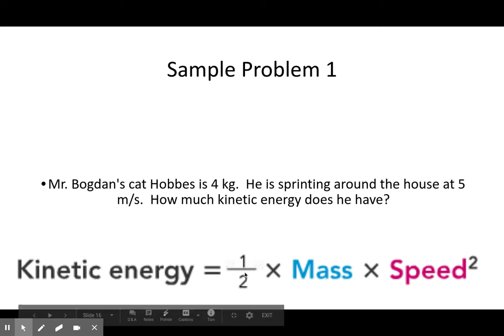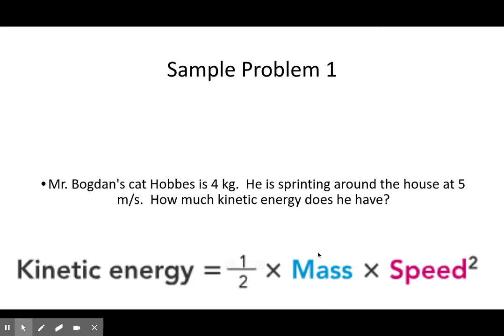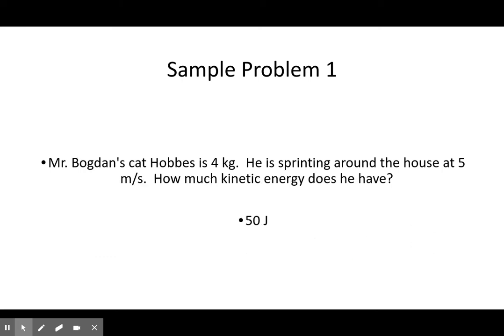All right, so 1/2 times the mass, well, my mass is 4. 1/2 times 4 is 2. And 2 times my speed squared, which was 25. So 2 times 25 is 50, and that means 50 joules. So Mr. Bogdan's cat is going to have 50 joules of energy as he's running around the house because of his mass and his speed.